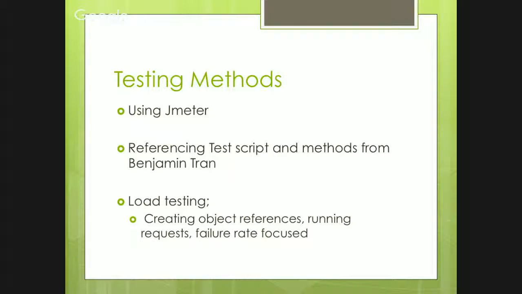If there was a page we wanted to look at, whether it be about geography or history, we'd put that URL in our object reference for JMeter, and then we would be able to simulate requests going towards the server and overload it, and see when it would fail, and how many devices could essentially be attached to it at once.